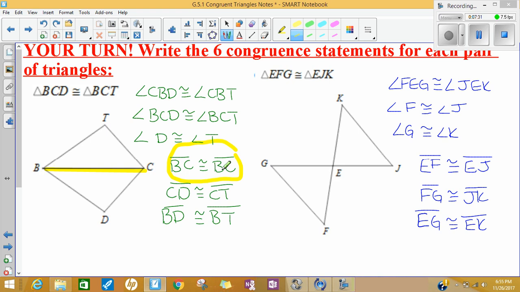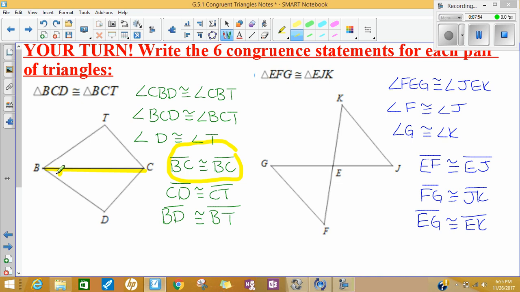It's congruent to itself. I had to be careful about naming these angles because vertex B and vertex C are in both triangles. So I need to use 3 letters to name all of those angles there. So CBD, I went middle first last, and so then middle first last is CBT.